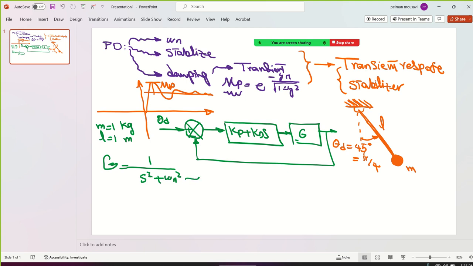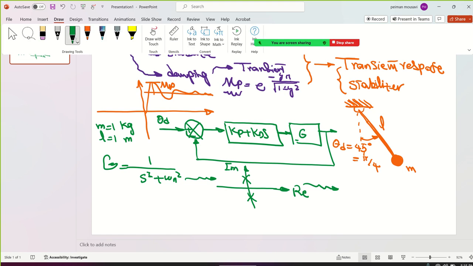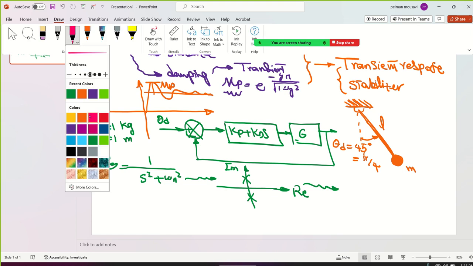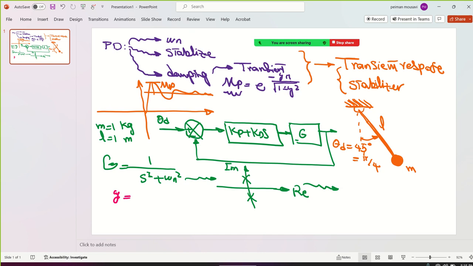And you saw that without any controller, you have two pure poles on the imaginary axis, like this. But after adding a controller, for example, I said your boss asked you to design a controller that is critically damped, which is zeta equal to 1, and omega n, if I remember, was root of 12 radian per second.